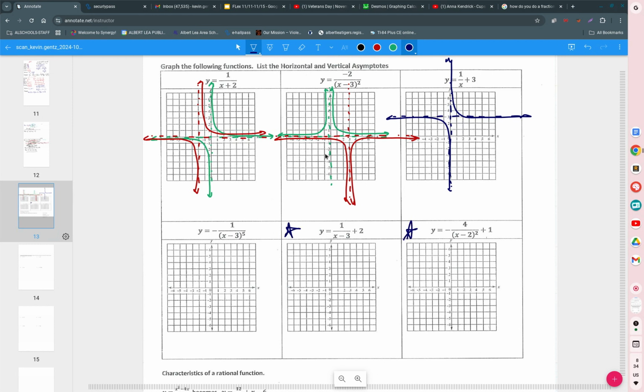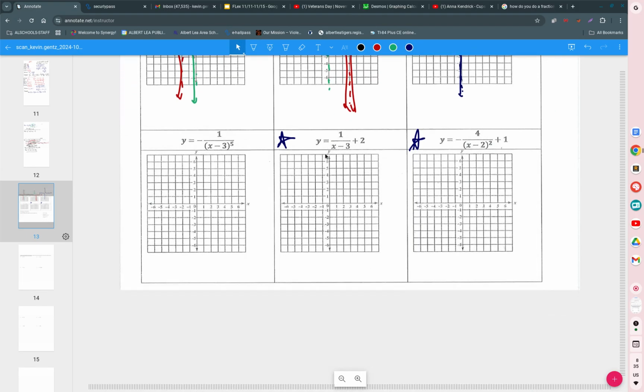See if you can do the ones I starred on your own. Check with the person next to you, see how you did. Try those 2 on your own. Go ahead.